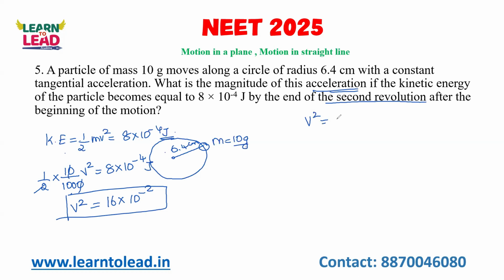And we know the formula v square is equal to u square plus 2as. Because we know the final velocity square as 16 into 10 to the power minus 2 is equal to u square 0 plus 2 into tangential acceleration we need to find out, and the distance covered is 2 times a revolution. For one revolution the distance is 2 pi r, as the object is moving along the circle, the circumference is 2 pi r.